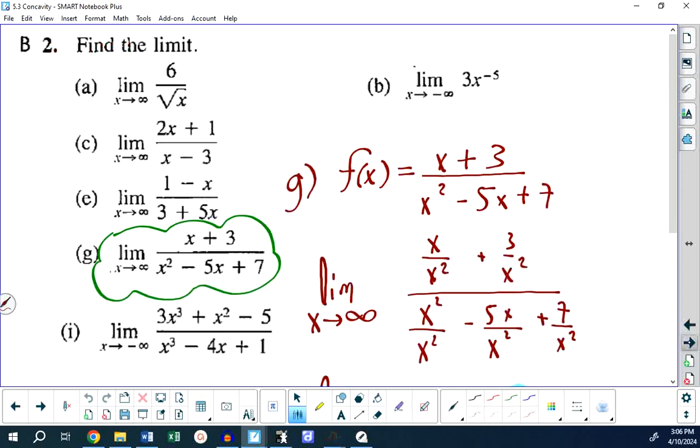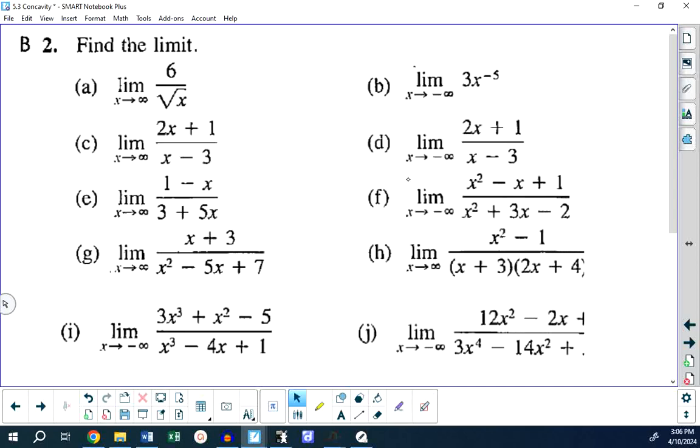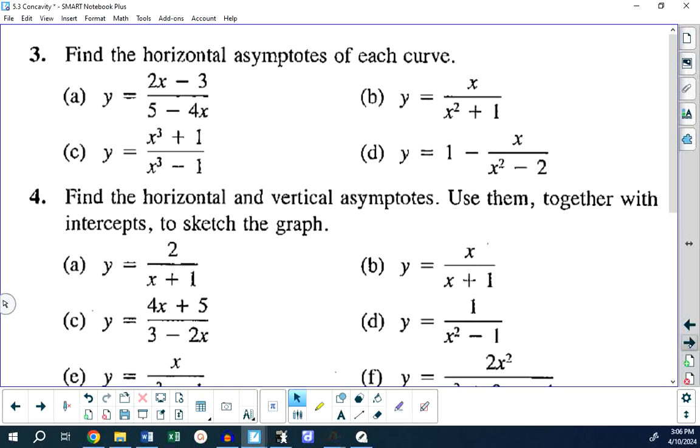Make sure that you know how to find limits as x approaches infinity for any of the questions in number 2. And make sure that you can do 3 and 4. Okay?